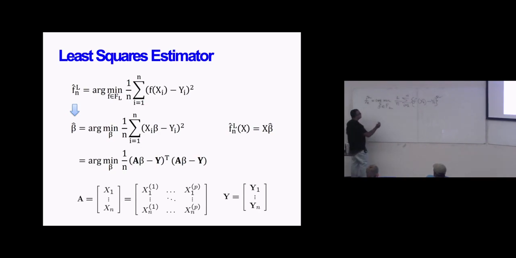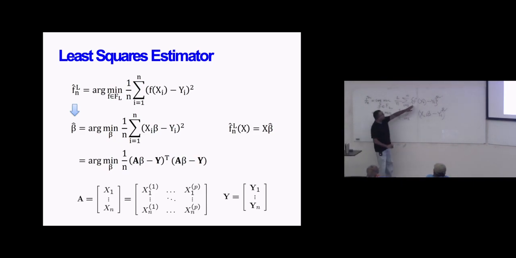And if we assume that f of xi is a linear function of x, then we could say this problem is similar to this x beta, actually xi beta, because there is i index, xi beta minus yi whole square, right?